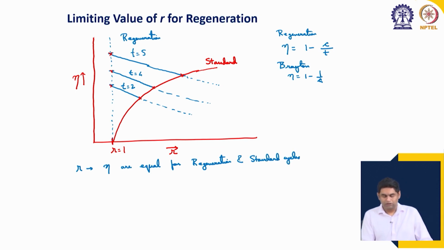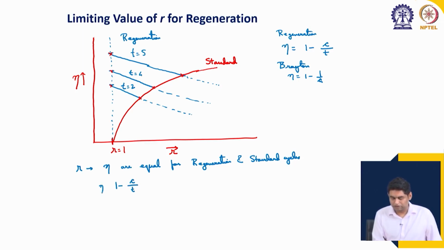Which means that 1 minus C by T is equal to 1 minus 1 by C. A very simple relation can be obtained from this, which means that C by T is equal to 1 by C, which means that C is equal to root T.